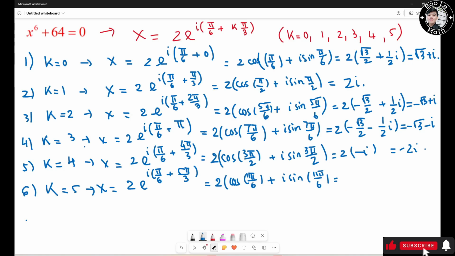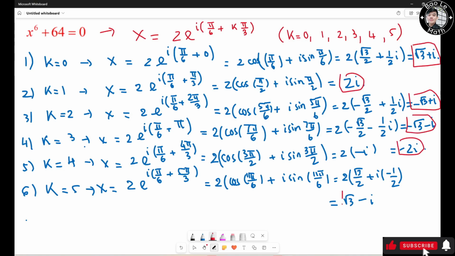Cosine of 11 pi over 6 is root 3 over 2, and sine 11 pi over 6 is negative 1/2. Now, if you distribute 2, it turns out to be root 3 minus i, right? Now, finally, you have 6 solutions: 1, 2, 3, 4, 5, and 6 right here.